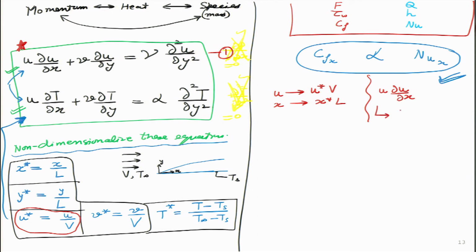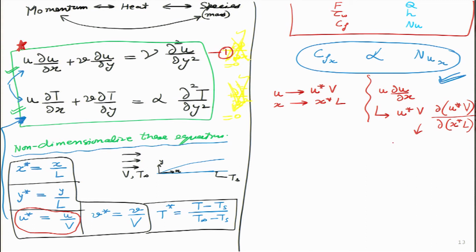First u will become u star into capital V, then we have del of u star into capital V, in the denominator I have, instead of del x, I will write del x star into capital L. Is that correct? Can I simplify it a little bit further?